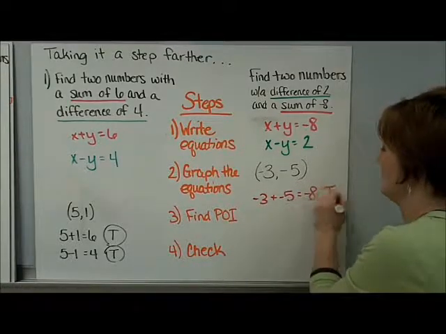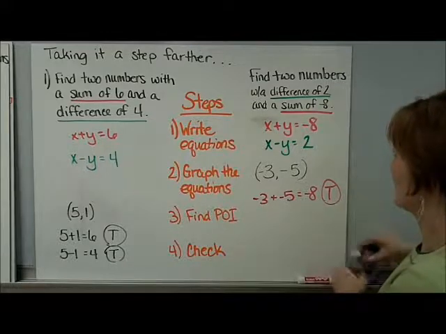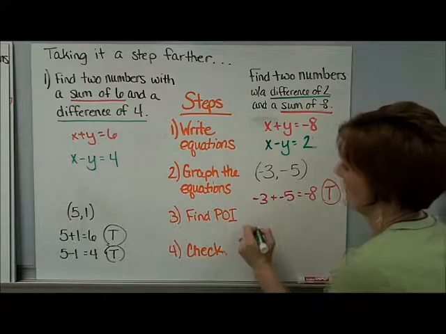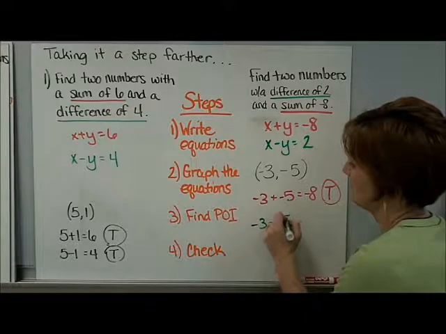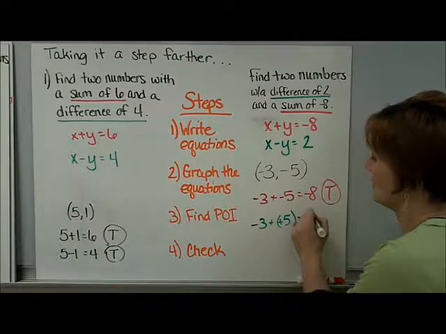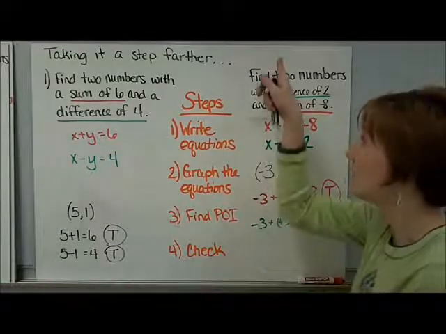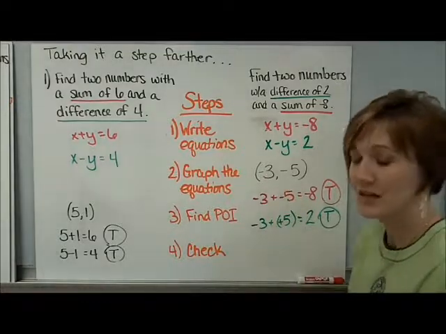That's a true statement, so they work for that equation. What about the difference? The difference is 2. Minus 3 minus minus 5, turn those into a plus, minus 3 plus 5 is 2. That's a true statement. So the numbers I'm looking for in this particular situation are negative 3 and negative 5.